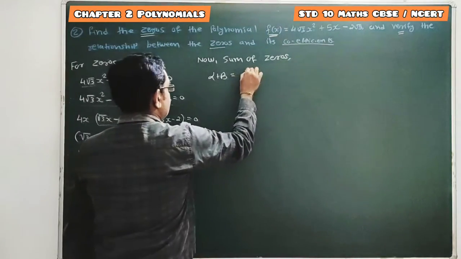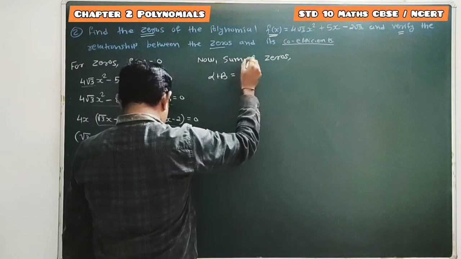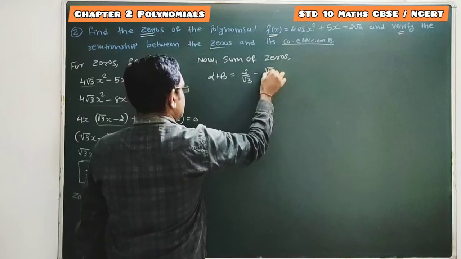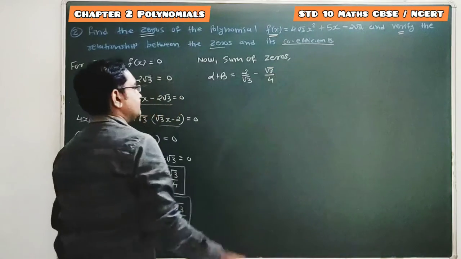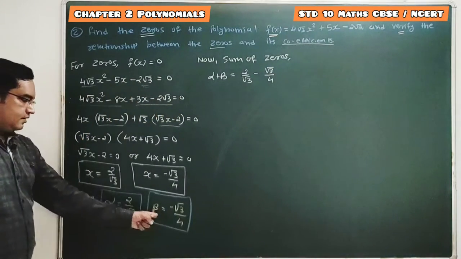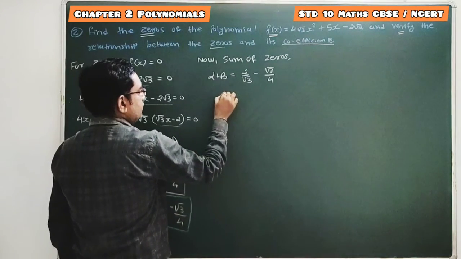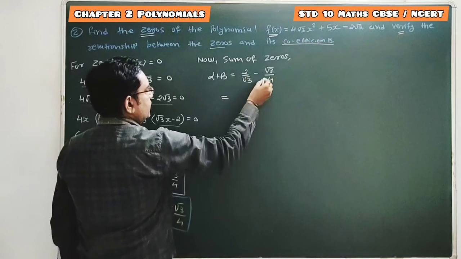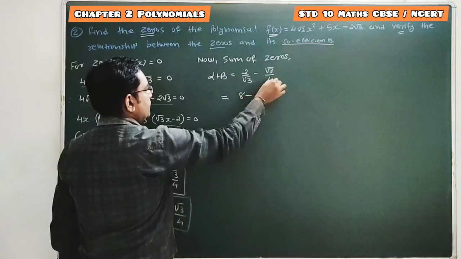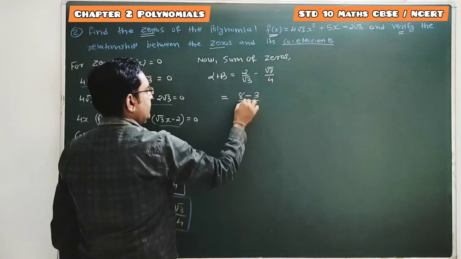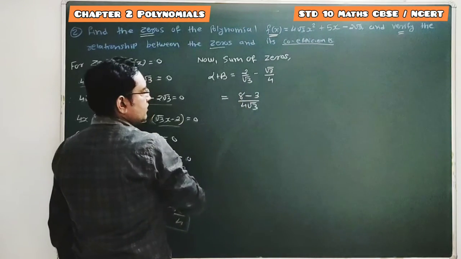So which is 2 upon root 3 plus minus root 3 by 4. Alpha plus beta, so it's a minus. This is equal to, by cross multiplication, 4 times 2 is 8 minus root 3 into root 3, which is 3, divided by 4 root 3.